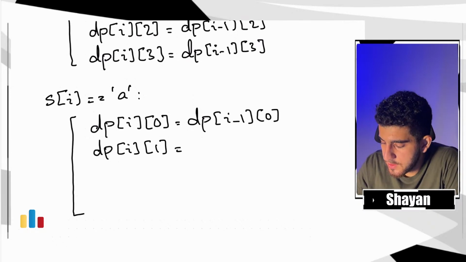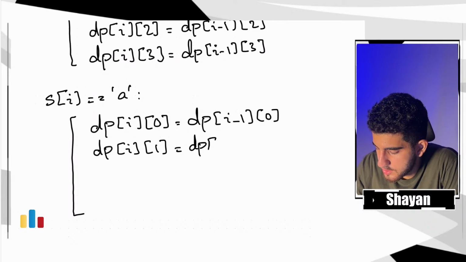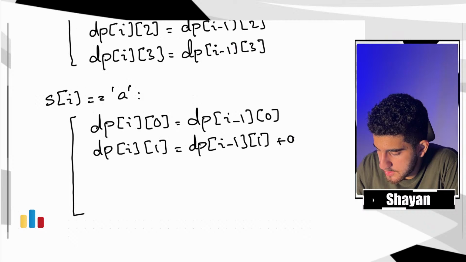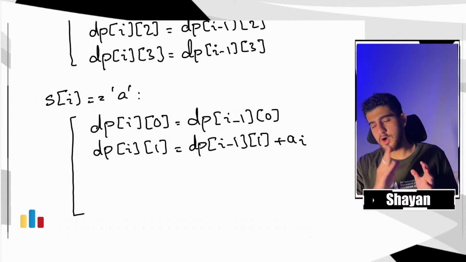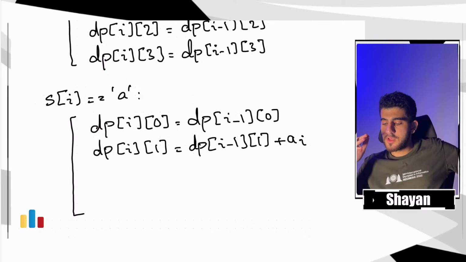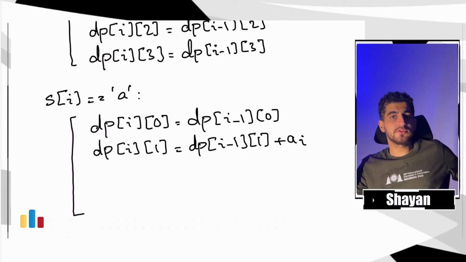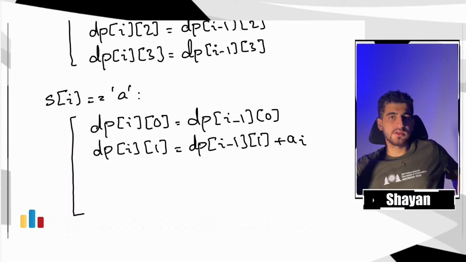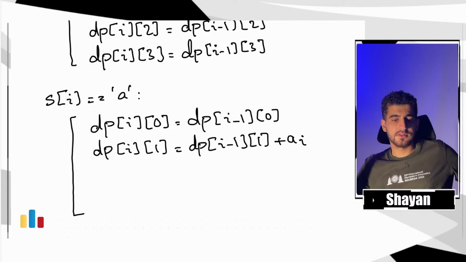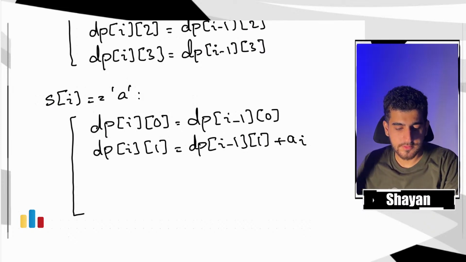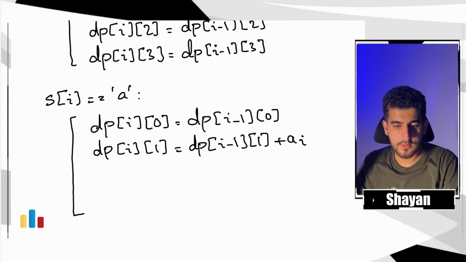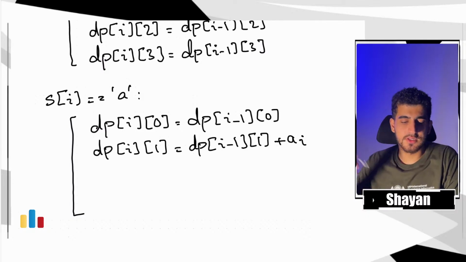Exactly, it's going to be dp of I minus 1 and 1 plus the cost of A. Because we can say that we already had 1, we only consider H's, but this one is A, so we need to remove it. We must not have it. So we need to remove it, right? So this is the case for dp of I and 1.